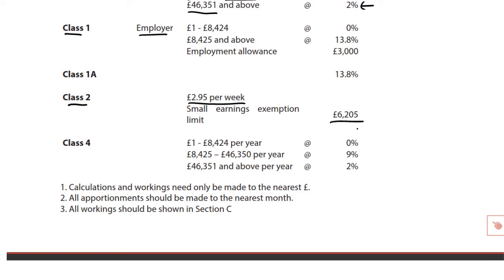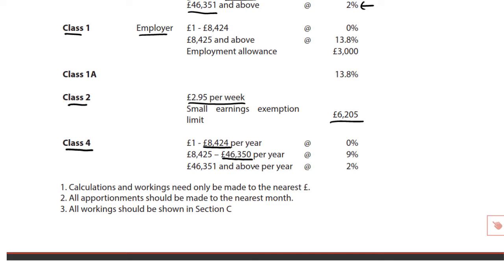We'll also see where we go in a moment, and that is with the main amount of Class 4 NICs payable by the self-employed. This mimics the Class 1 employee rates by looking at the same lower limit threshold, below which you do not pay, above which you go into a main rate, but only up to an upper limit of 46,350.